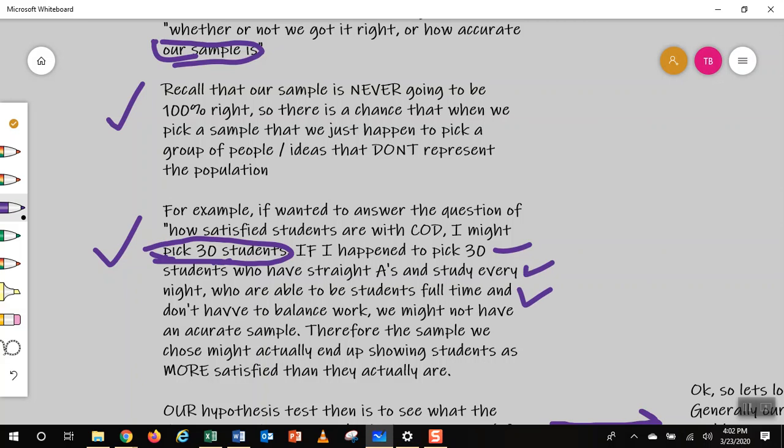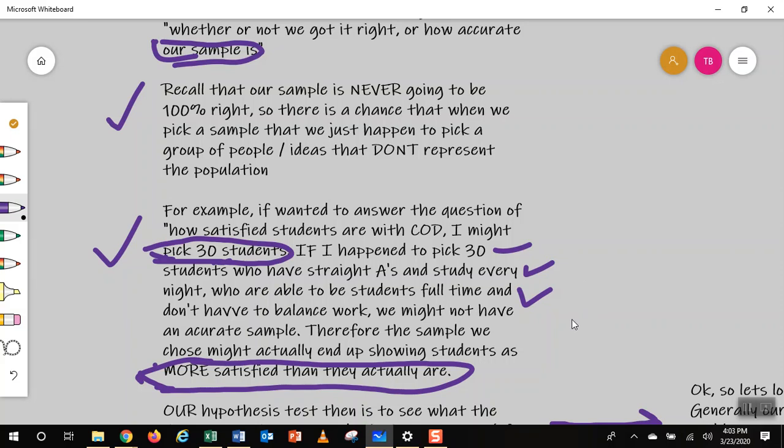We might not have an accurate sample. We might have students who are more satisfied than the general population. If we used these 30 students to represent the entire College of the Desert, the sample would be misleading.